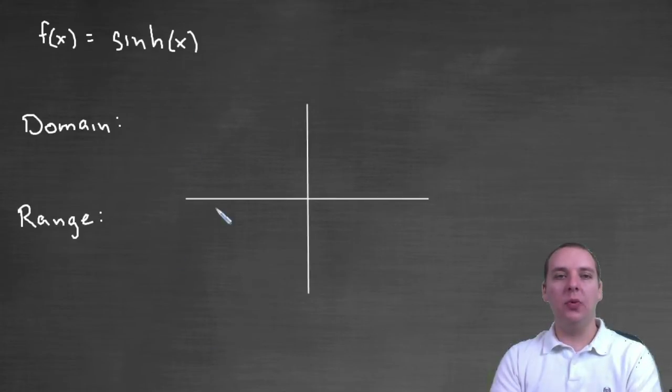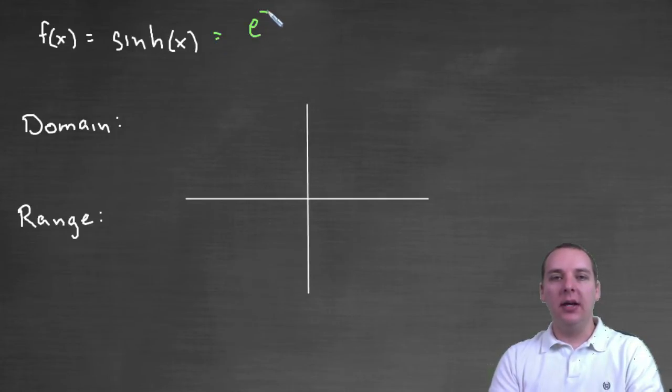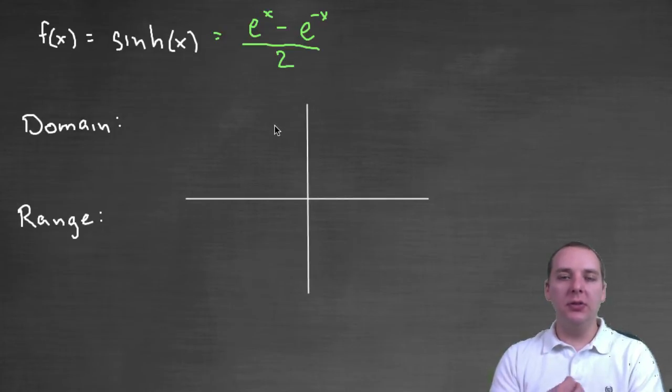Hyperbolic sine. Well, what does this look like? Let's remember how it was defined: e to the x minus e to the negative x, all over 2. Let's use a little reasoning to figure out what this looks like.